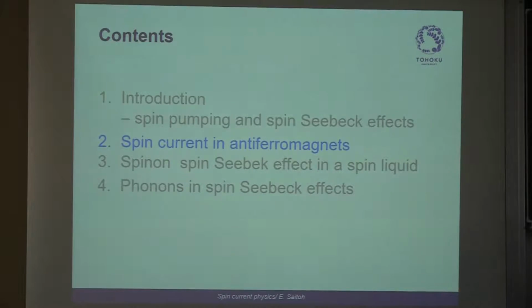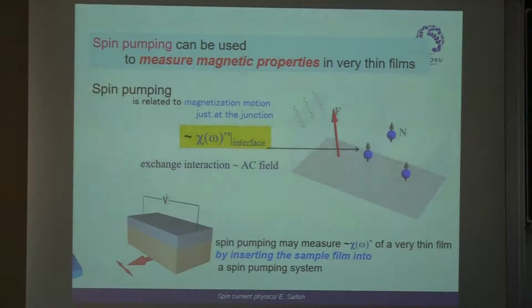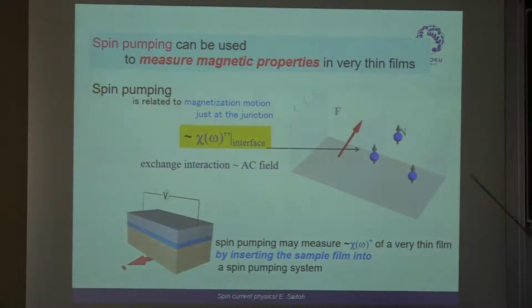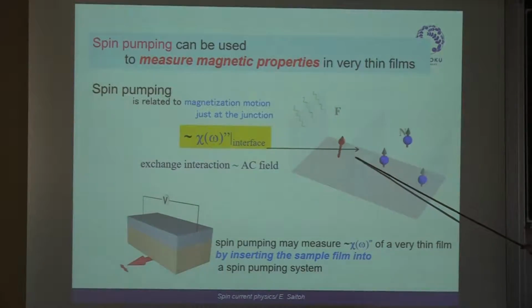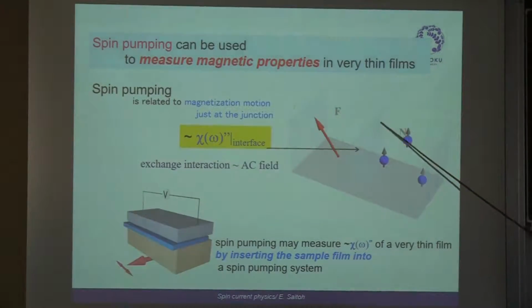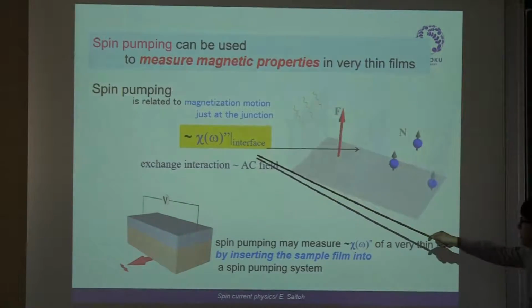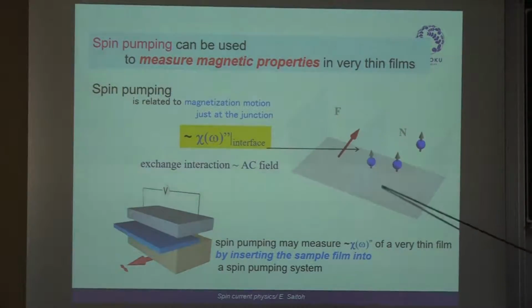Okay, so let's move to the spin current in antiferromagnets. As I showed you, spin pumping is related to magnetization motion at a junction. So it should be related to the magnetic susceptibility at the interface.